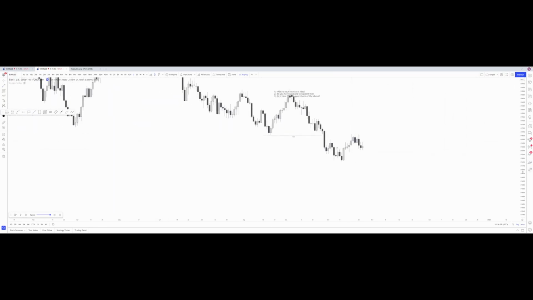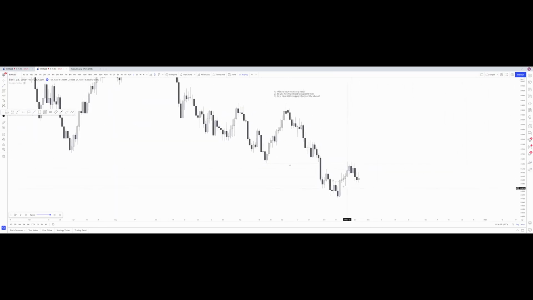After this change of character, this low goes, this high goes, so we can now expect the pullback, something like this, shift down, something like that. That's the structural idea at this point in time.